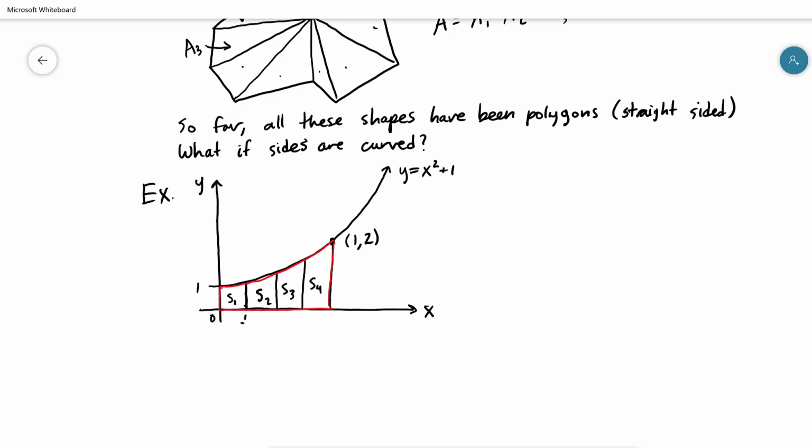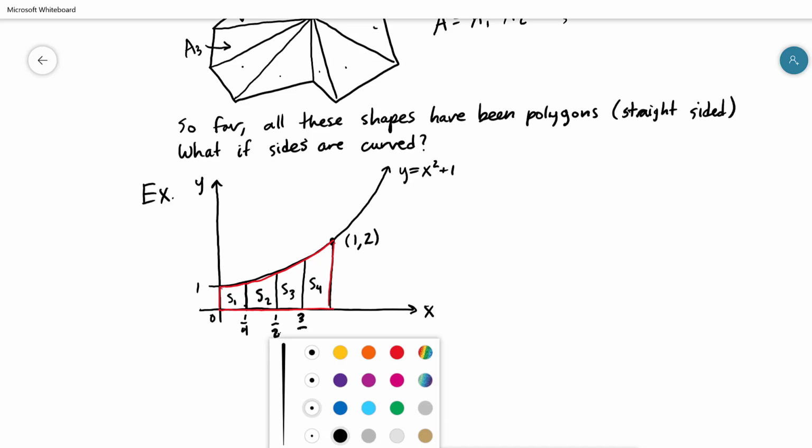Where these points are, again, x equals 0, this would be at the point 1/4, here would be a half, here would be 3/4. I don't know why my pen is really not working now.